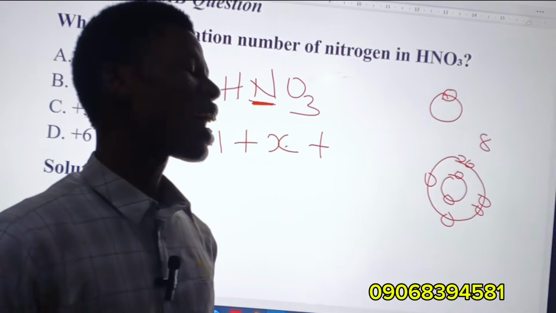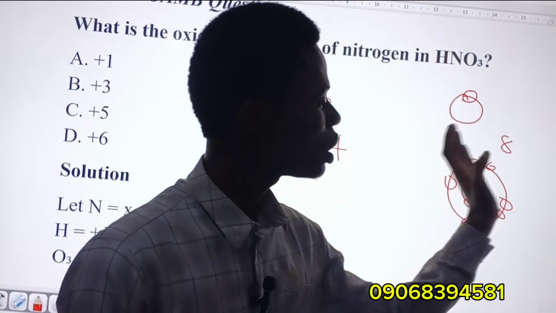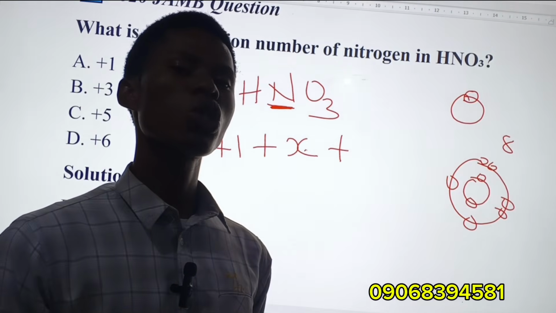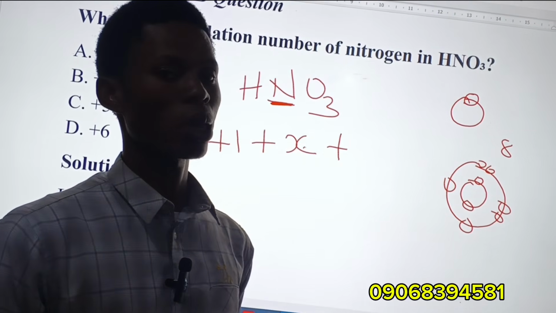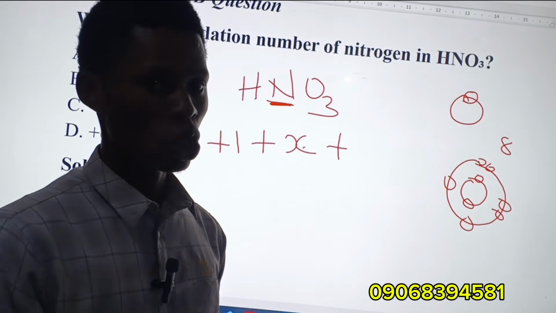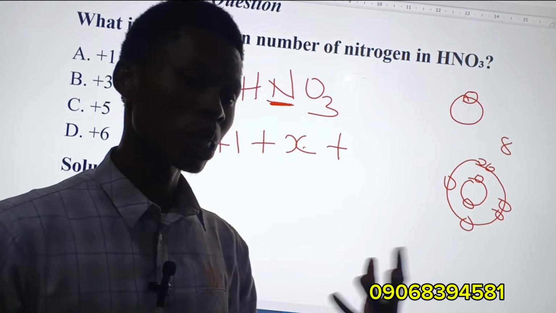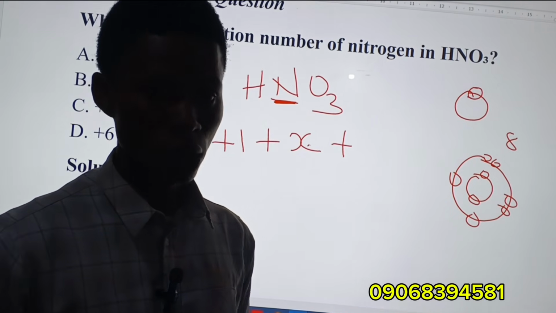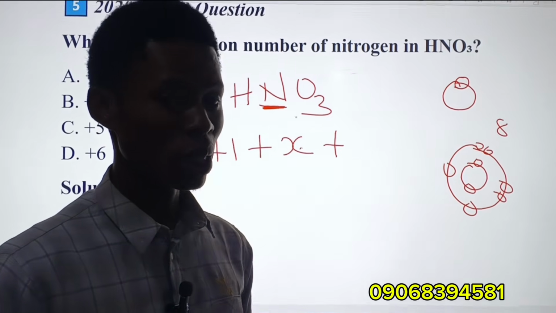Now, do you think oxygen will be willing to give out these 6 to be balanced, or to beg 2? It will be very easy for oxygen to get 2 than to give out 6, right? So giving is good, begging is bad. If it is begging, it's negative. If it is giving, it's positive, because the Bible says it is better to give than to receive. It is more blessed to give than to receive.